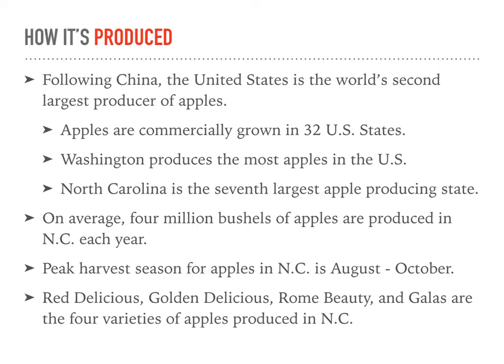The peak harvest season for North Carolina is from August to October, but other states' season lasts a little bit longer, typically from about July to November. And North Carolina produces 4 types of apples: the Red Delicious, the Golden Delicious, the Rome Beauty, and Galas.